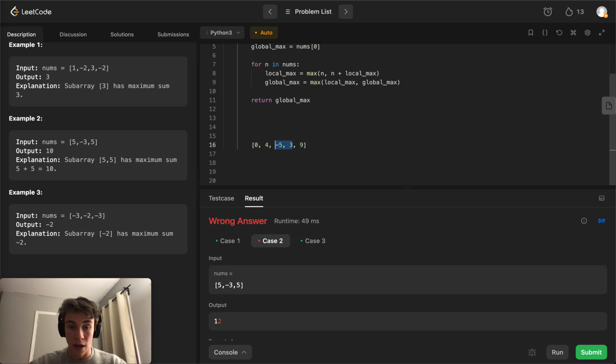However, that's not going to help you because this is a -5. And so what you end up choosing is the max between the current value and the n plus local max of the previous entry, which is -5.